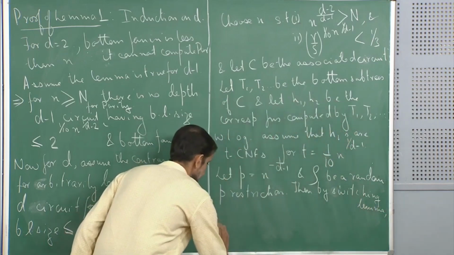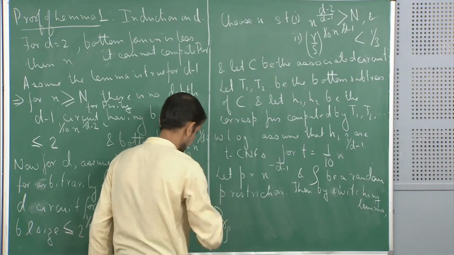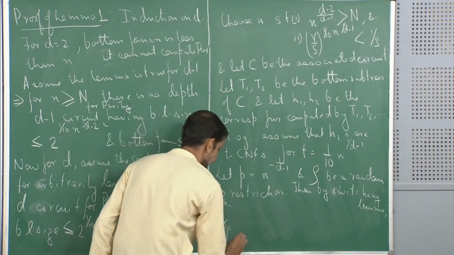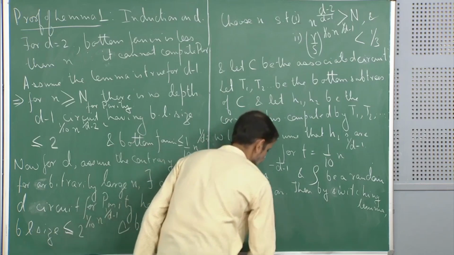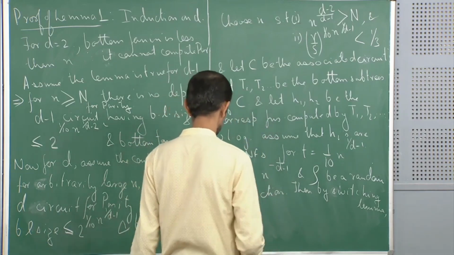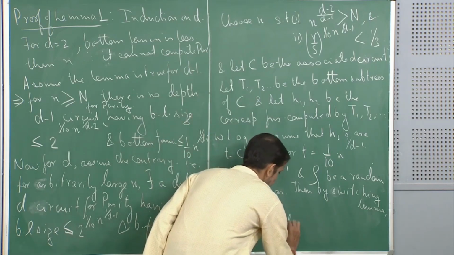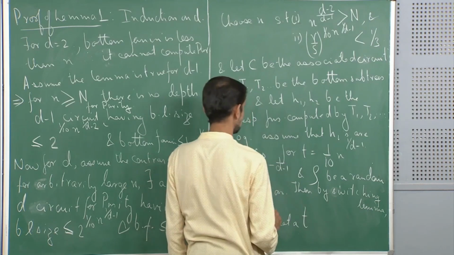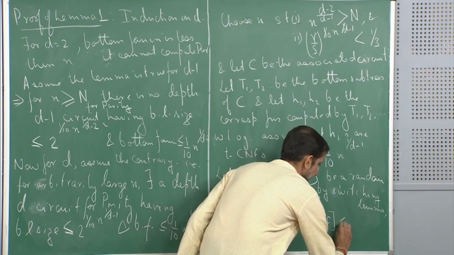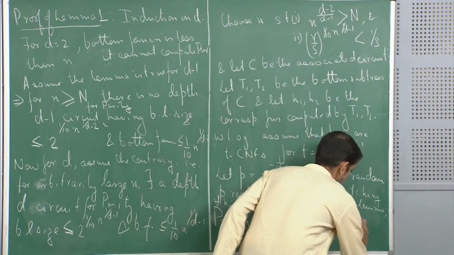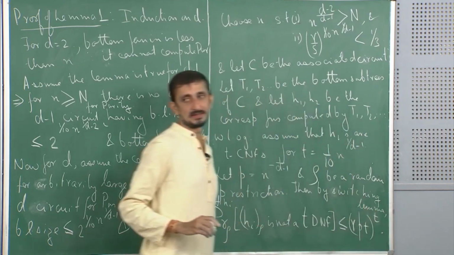what we have is the probability, for each hi, that hi restricted to rho is not a T DNF is at most gamma p t, whole to the power t.